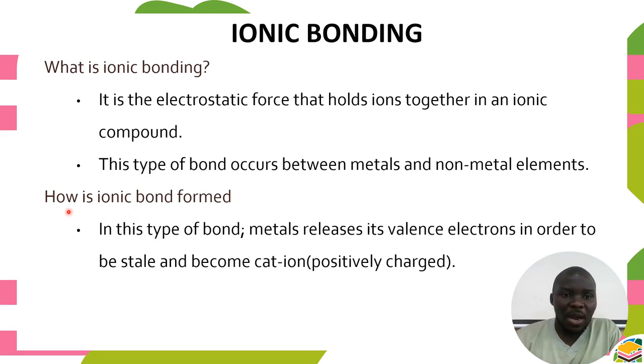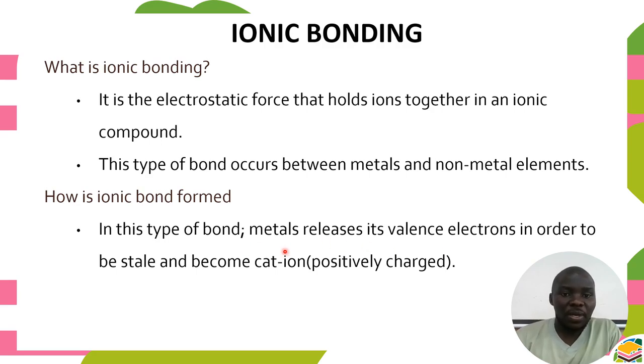So how is an ionic bond formed? We need to learn how an ionic bond is formed. Firstly, in this type of bond, metals release the valence electrons. Remember, I talked about how elements get stability.